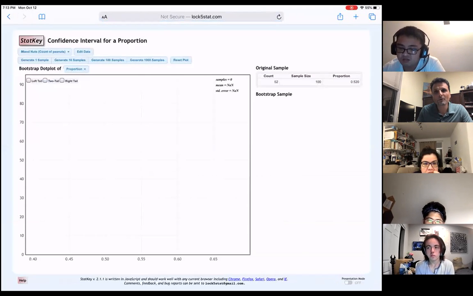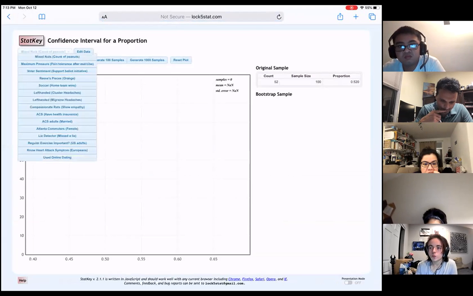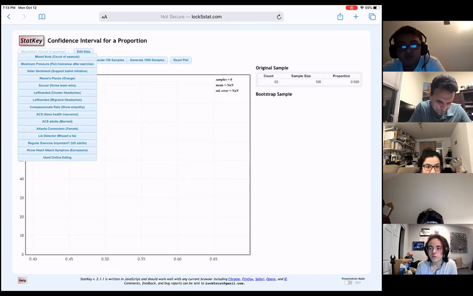So now we have to load our data sets. Which data set should I load here? I think it was the exercise.